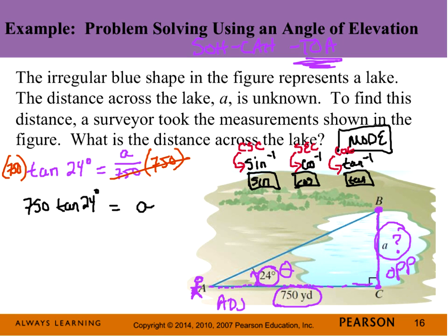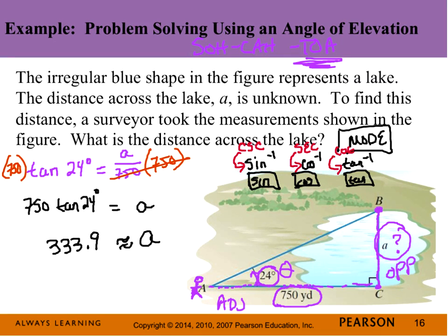But I just made sure I was in degrees. 750 times the tangent of 24. When I put that into my calculator, I end up with, and I'm going to use the wavy equal sign, approximately 333.9.